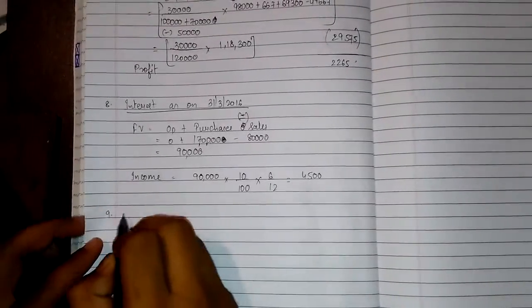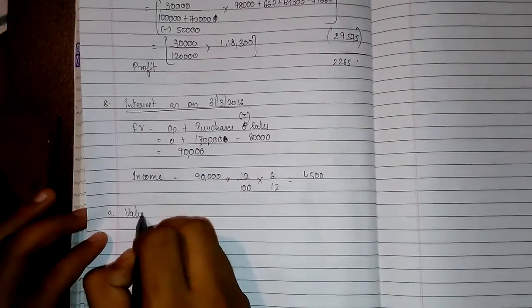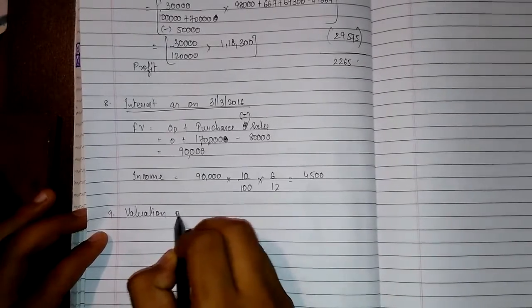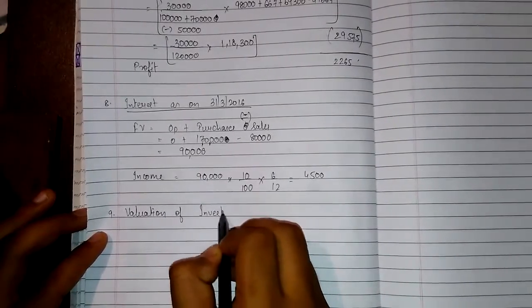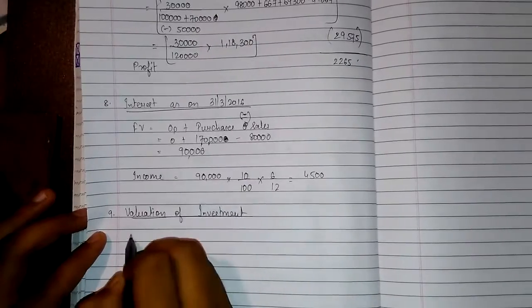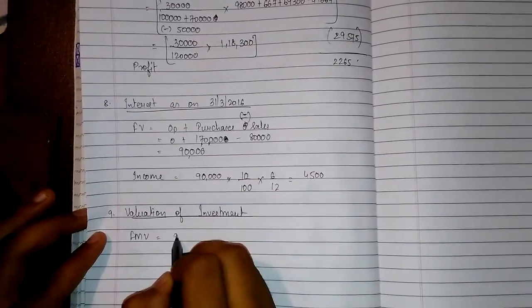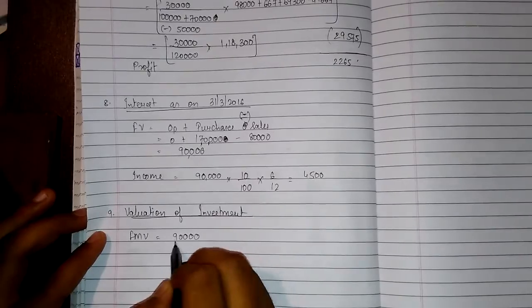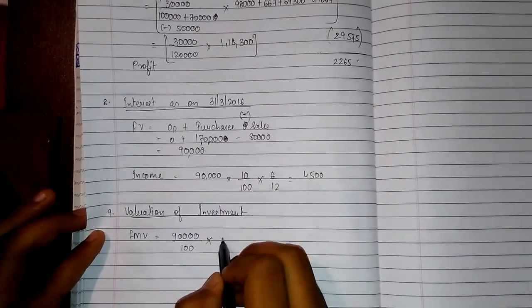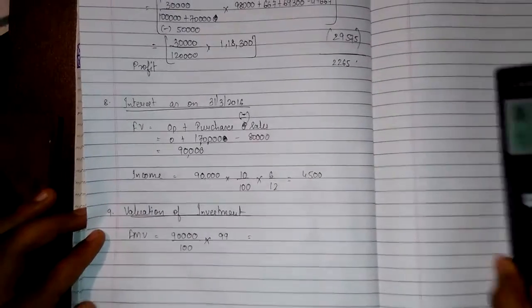We'll first write it in the working. Valuation of investment. So fair market value is equal to 90,000 divided by 100 into 99, which is equal to 89,100.